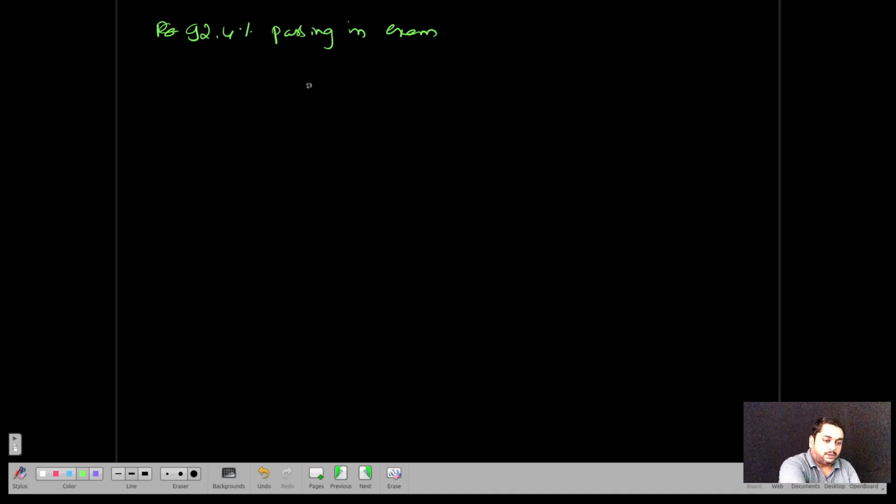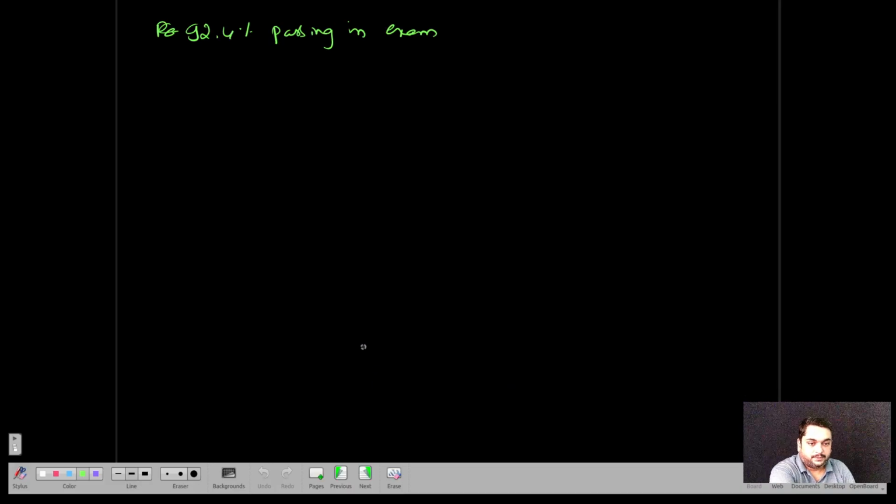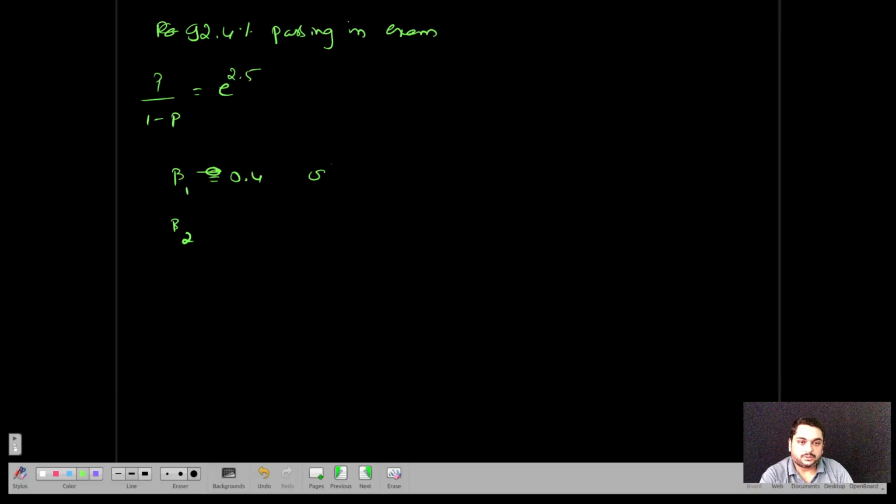Now, what is the concept of odds here? You have got p by 1 minus p equal to e power 2.5. Beta 1 and beta 2 are given. Beta 1 is 0.4. So the odds ratio of this is e power 0.4, which I will get as 1.49 or 149%.